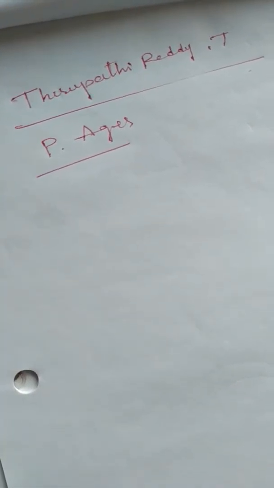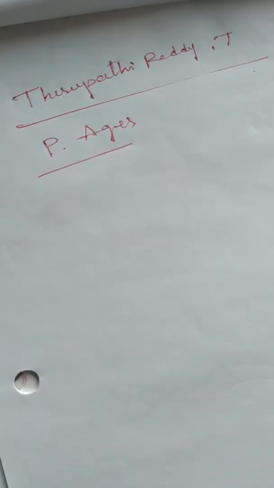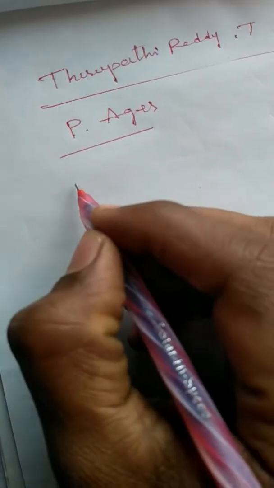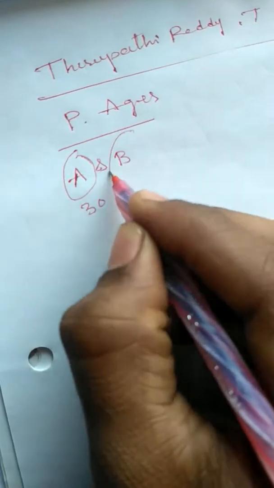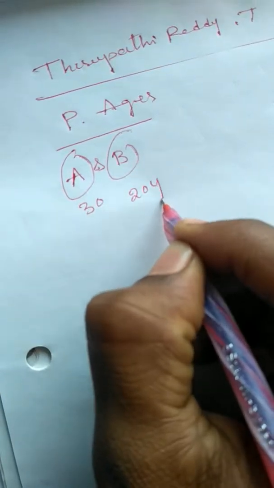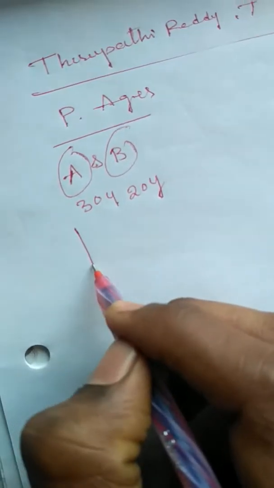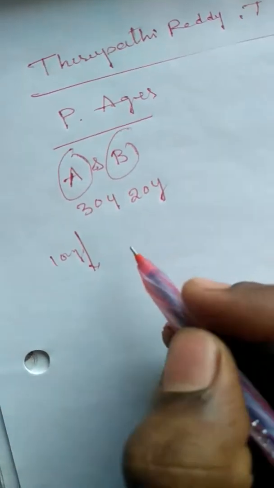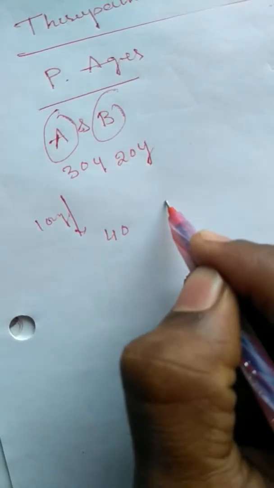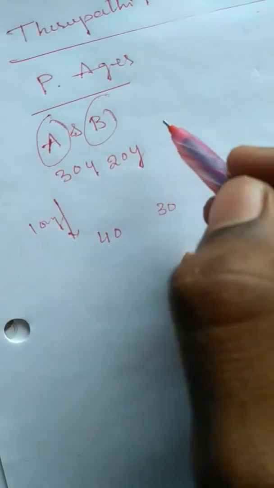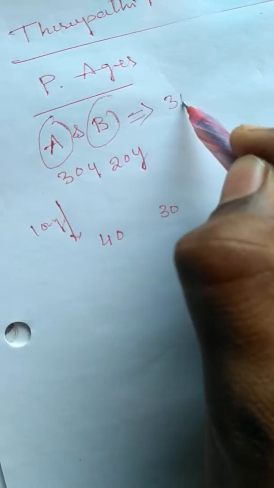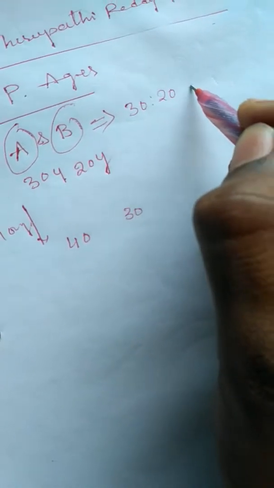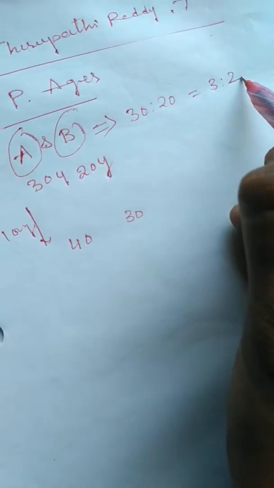Before going to questions, I will briefly introduce the shortcut trick. For example, there are two persons, A and B. A has an age of 30 years and B has an age of 20 years. After 10 years, the ages become 40 and 30. Previously, the ratio of 30 to 20 is 3 to 2.